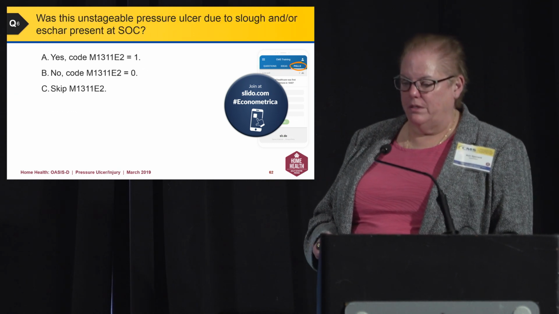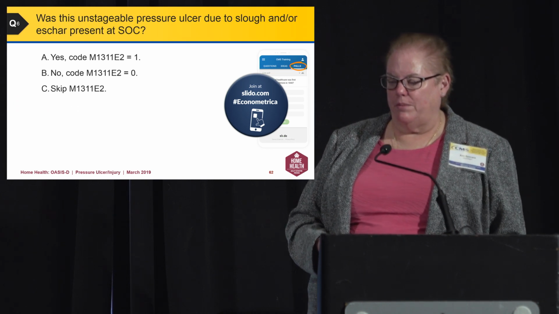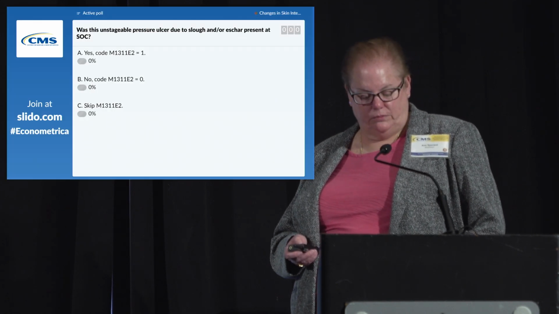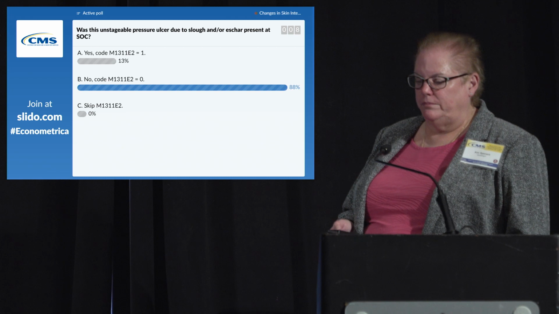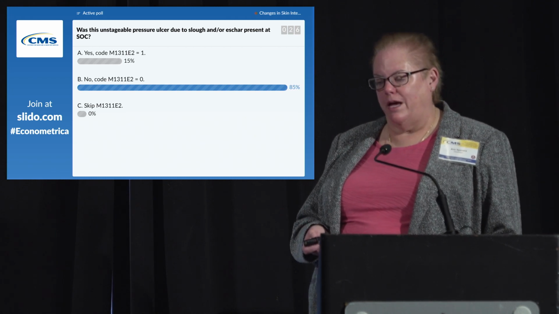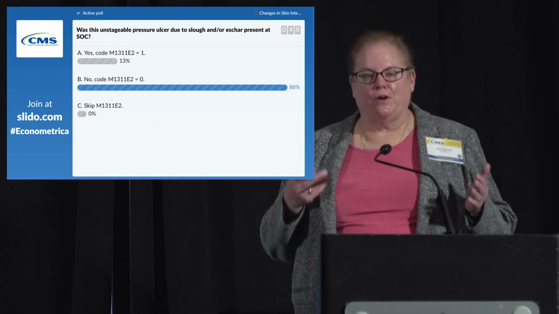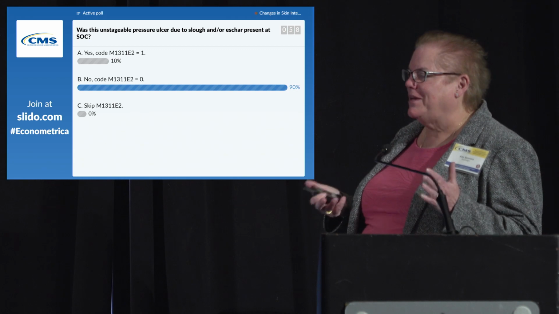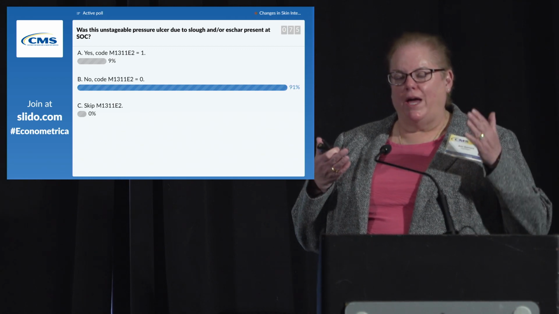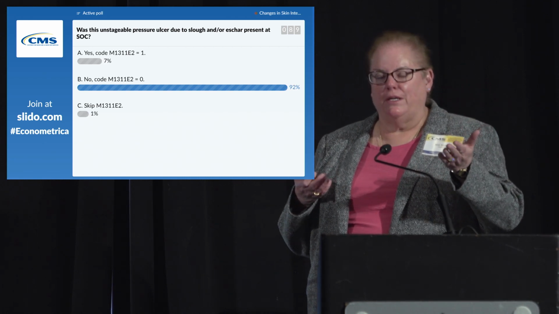Okay. So was this unstageable pressure ulcer due to slough or eschar present upon the start of care? So would you say yes, no, or skip? Exactly. So we still have about 15% saying yes. So there's still some confusion. I'm trying to think of how else to say this, because this is an important point. Your start of care would say you had a non-removable dressing.